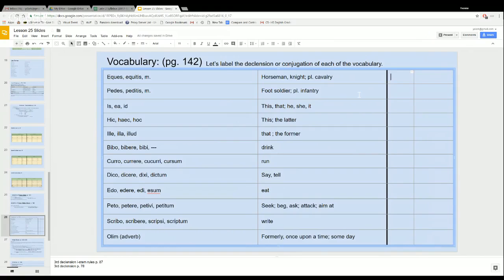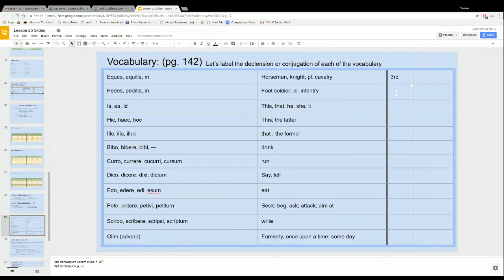Good. Now, eques, equitis: cavalry. Right, but what declension? Remember, we're labeling now. Third. It is third. Now I'm going to ask you a pop question. Is it an i-stem? No, it is not an i-stem.